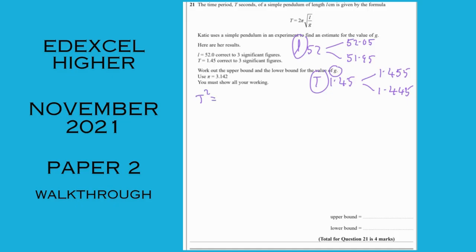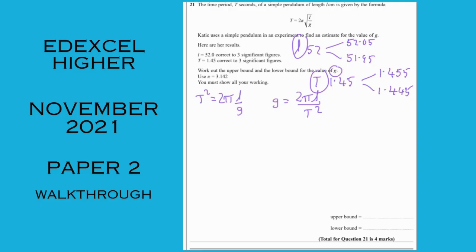T squared equals 2 pi times L over G. Let's times both sides by G and divide both sides by T squared. So G will equal 2 pi L over T squared.